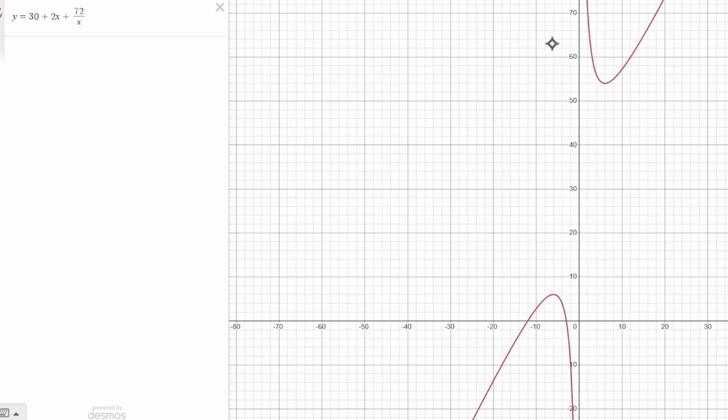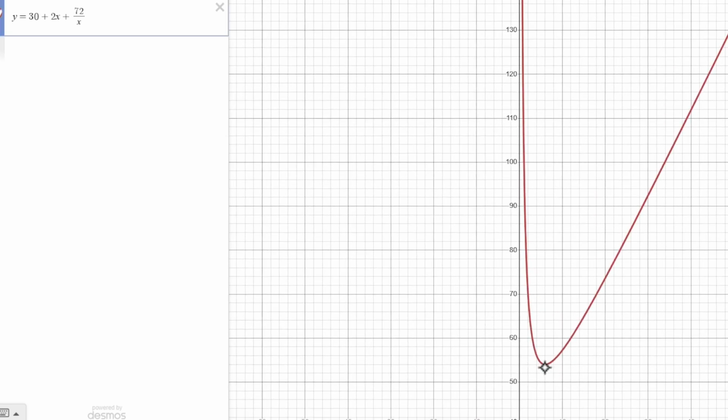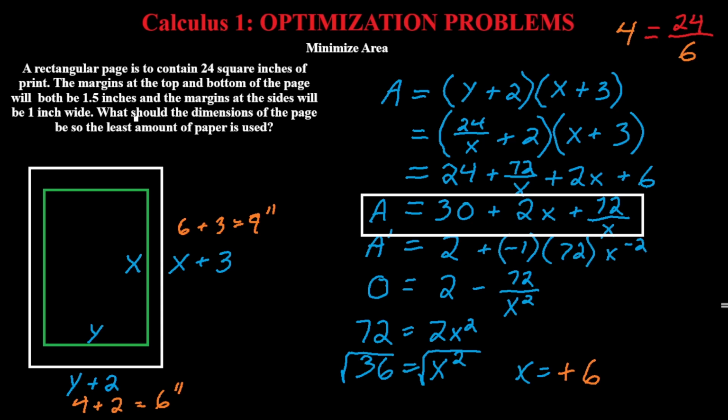There is a second part to the graph down here, but we're only interested in the domain of x where we have positive numbers. And we see that the minimum value on the graph where our slope is 0, x is 6, and the y would be 54. And this corresponds to the original 9-inch height and 6-inch base, so the area is 54 square inches.